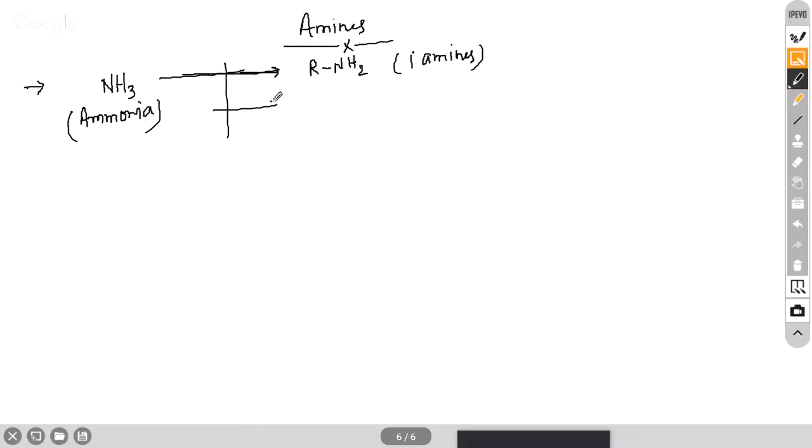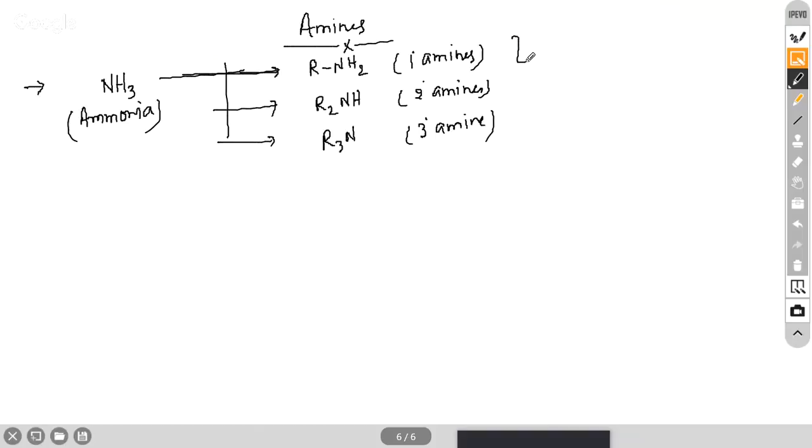If you replace two hydrogens by alkyl groups, it becomes R2NH. This is 2-degree amine. And when you replace all the hydrogens by alkyl groups, R3N, it becomes tertiary amine or 3-degree amine.